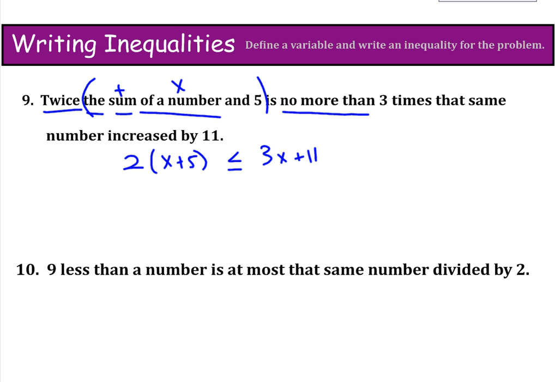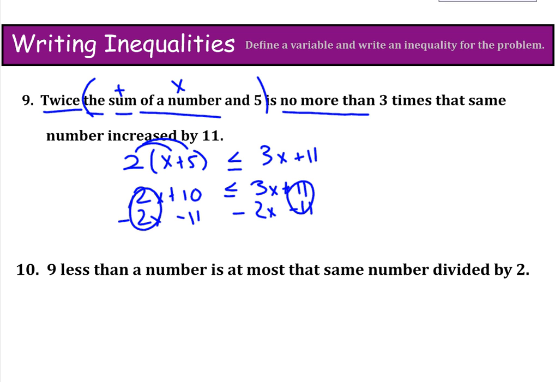So now it becomes just a slightly messy algebra problem. A little distribution. A little subtraction going both directions. This becomes 0. This becomes 0. 3x minus 2x is x. That's going to be minus 1.